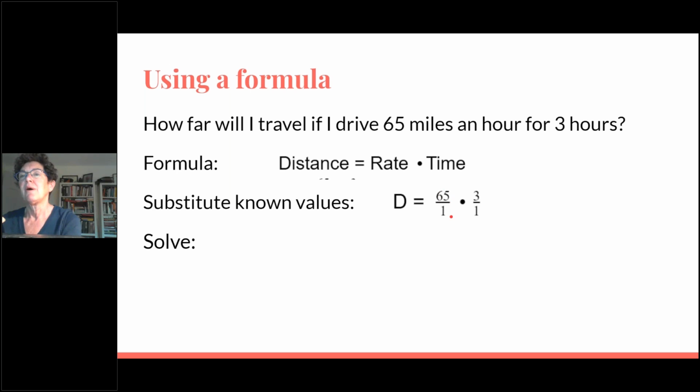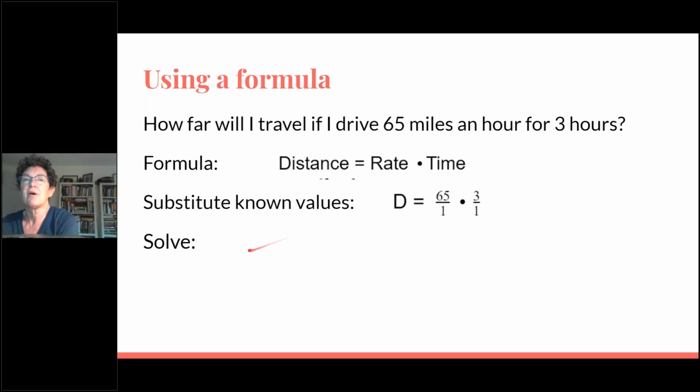If the denominator is 1, of course you don't need to write it this way, but that just reminds us what it is that we are actually substituting in. So a rate is a ratio or a fraction, and being over 1 is not going to give us anything else to do, because we know that anything divided by 1 is that number itself.